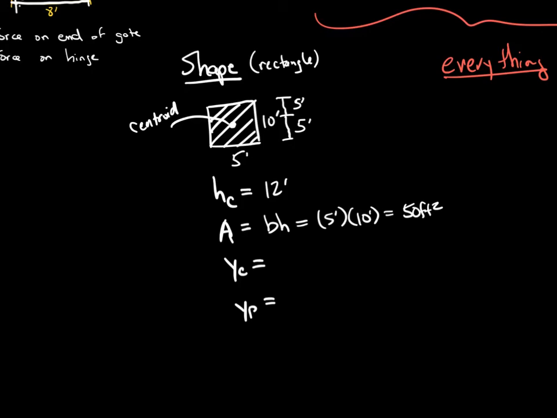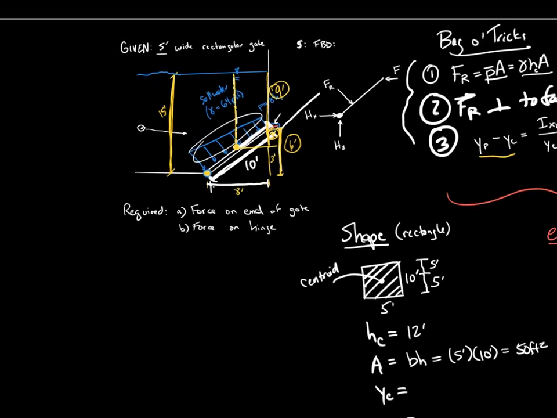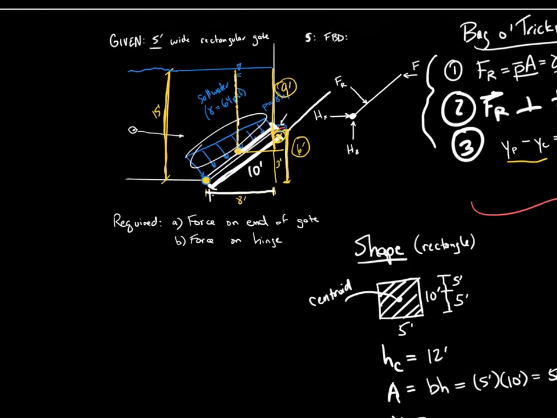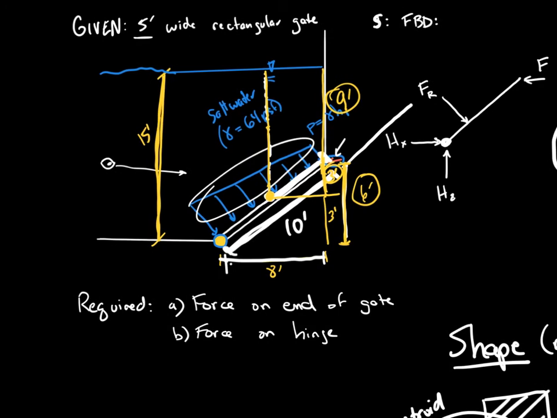Now, to get the YC, it's the same point, but now we have to measure along the face until we hit the surface. So it could be like this, all the way up to here. I want to note that there are a few ways to get this.